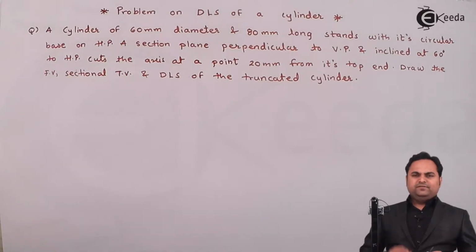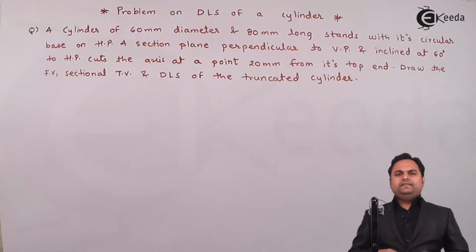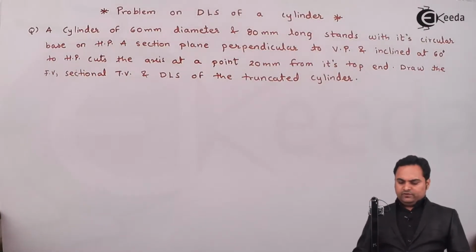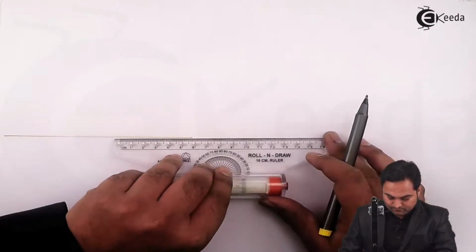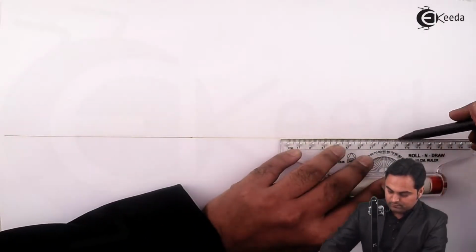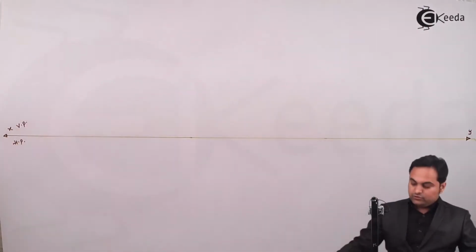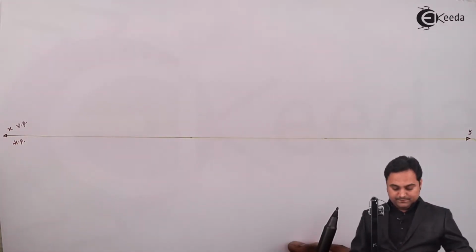Now, whenever the cylinder is kept with its circular base on HP, in that case, from the top view we are going to see the circular base. So I'll start with the initial condition here. So we have to draw the circle in the top view and the diameter is 60 mm.